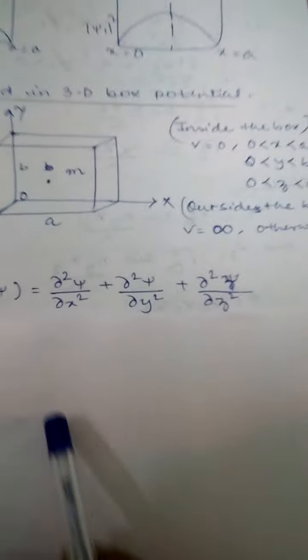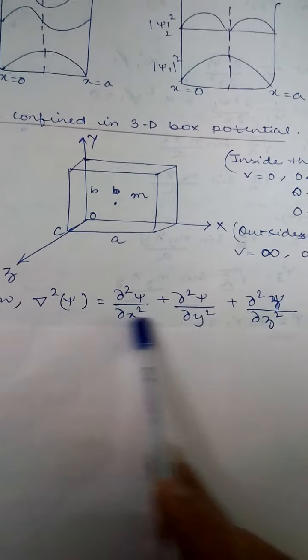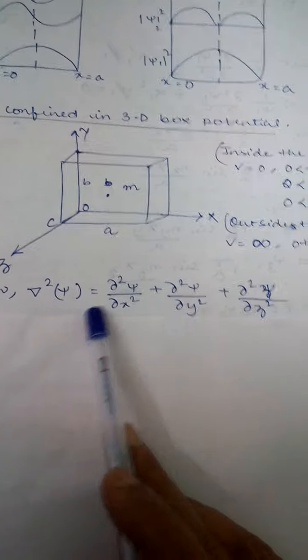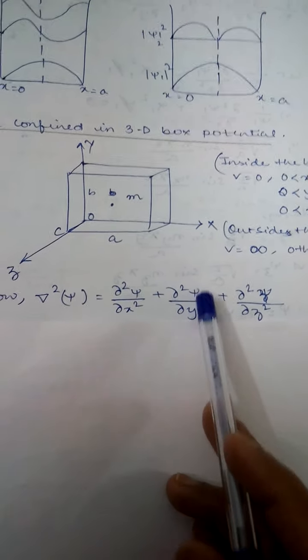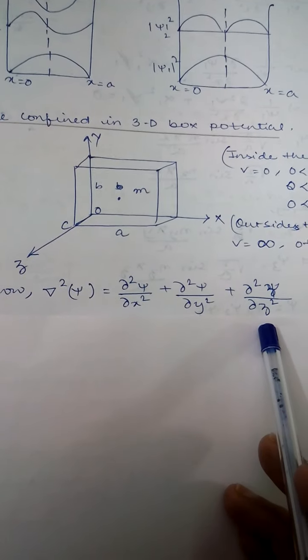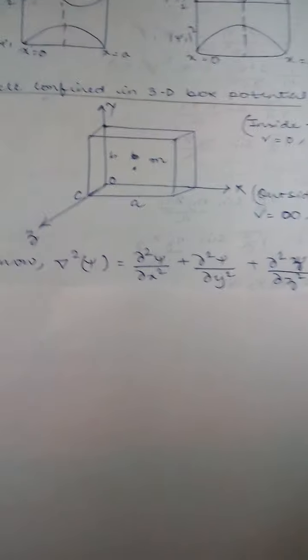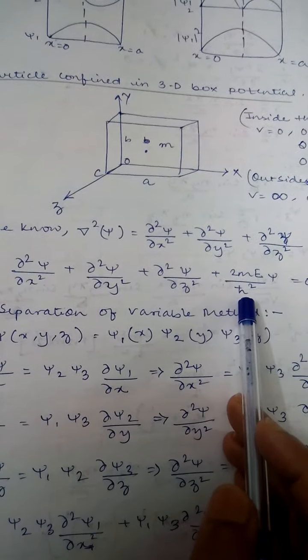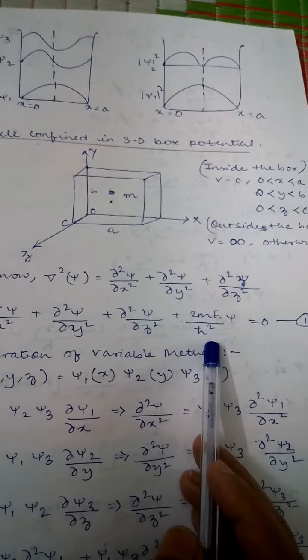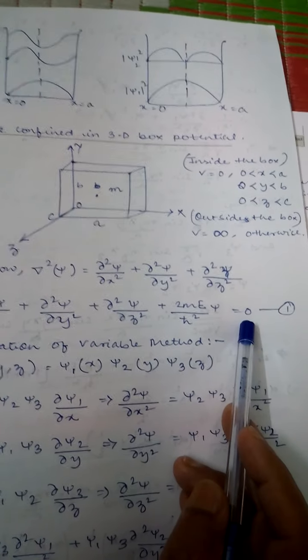Now this is the form of del square. You know this expression: del square psi equals del square psi by del x square plus del square psi by del y square plus del square psi by del z square. This is the three-dimensional expression, and del square psi plus 2m by h cut square into (E minus V) psi is 0.